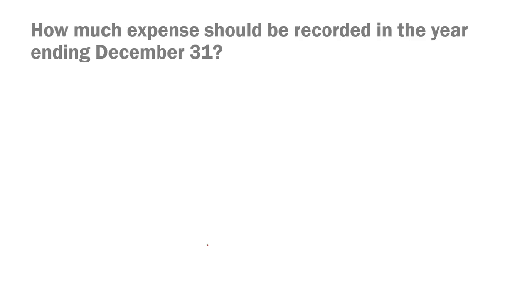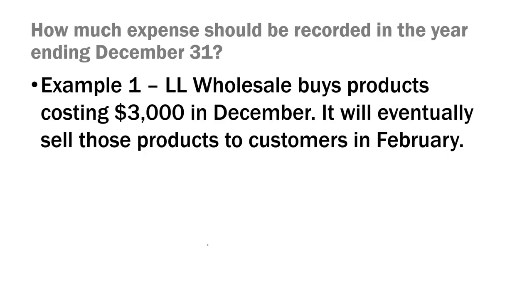How much expense should be recorded in the year ending December 31st? Well, the first example, LL Wholesale buys products costing $3,000 in December. It will eventually sell those products to customers in February. How much expense should be recorded the current year? None. The company has acquired an asset and it's probably paid cash to get that asset.